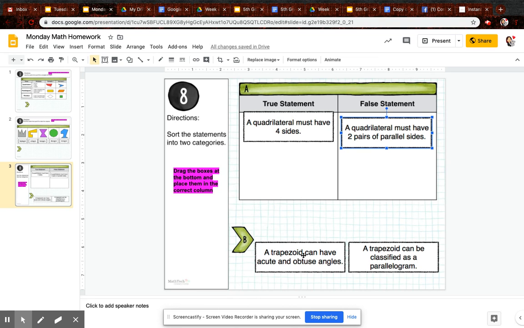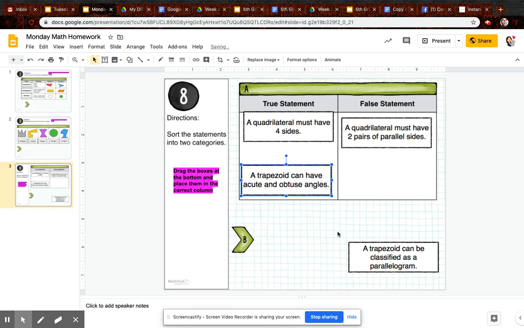Should have realized it. Trapezoid, technically, it can have both acute and obtuse. Remember, acute, less than 90 degrees, obtuse, more than 90 degrees. I remember this as a cute little angle, and then these are my big obtuse, obese angles.